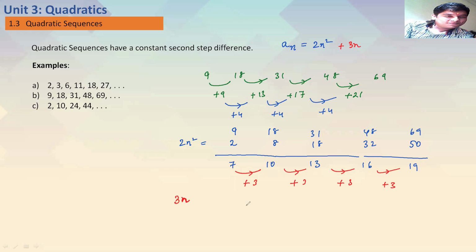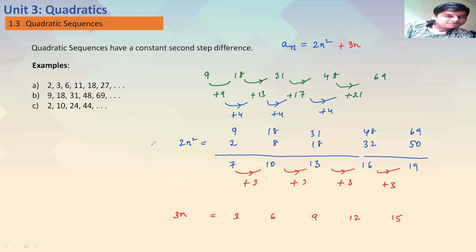Corresponding to 3n, what will be the sequence? 3 times 1, 3, then 6, 9, 12, and 15.